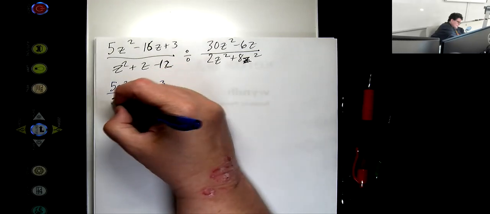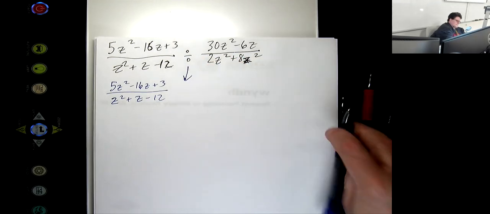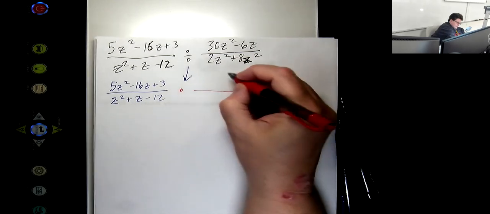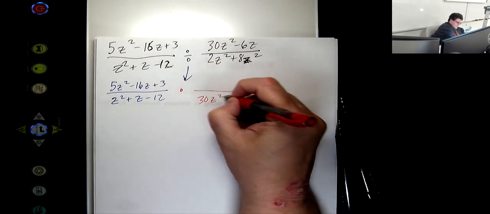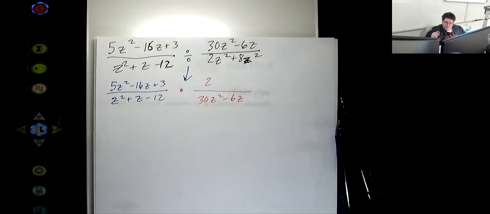And I'm going to bring down the rest of the problem. And I'm going to change that to multiplication. And this is going to flip over, 30z squared minus 6z on bottom, 2z, that has the wrong thing.